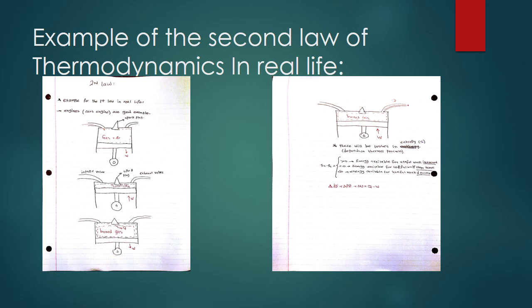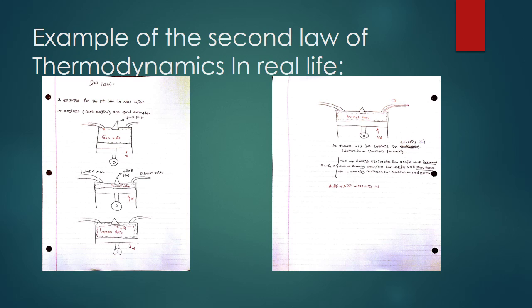And this is our example in real life, which is for the piston cylinder, and we can assume that we can have some losses in entropy. Here is the engine for the piston cylinder, and we have the intake valve, a spark plug, and the exhaust valve, and the piston is working inside the cylinder.